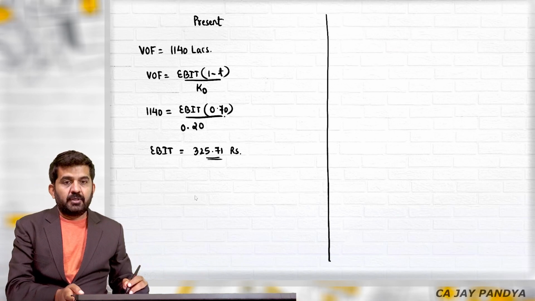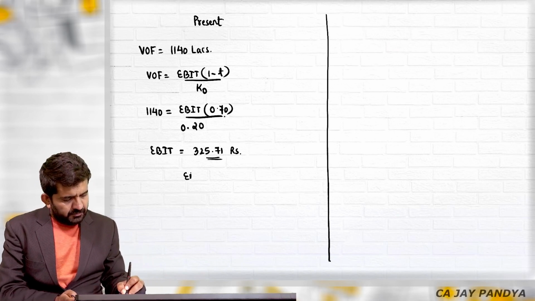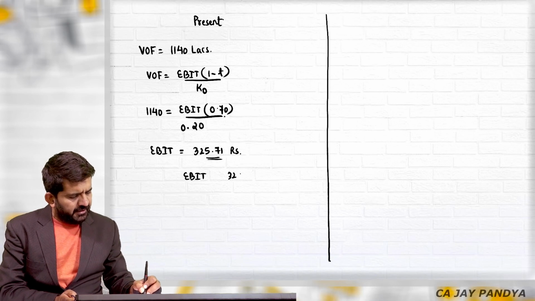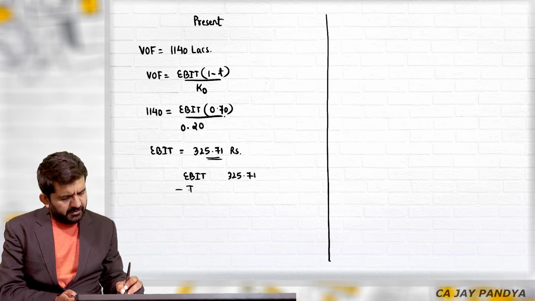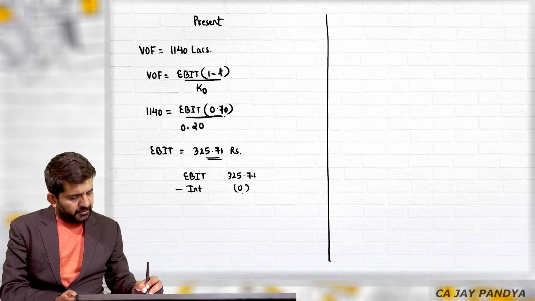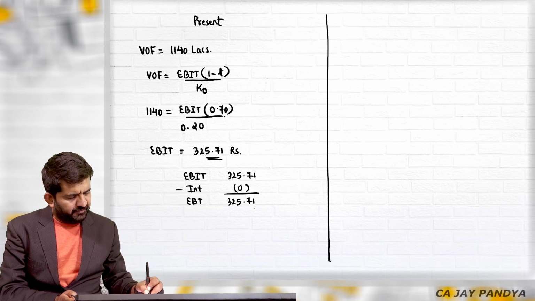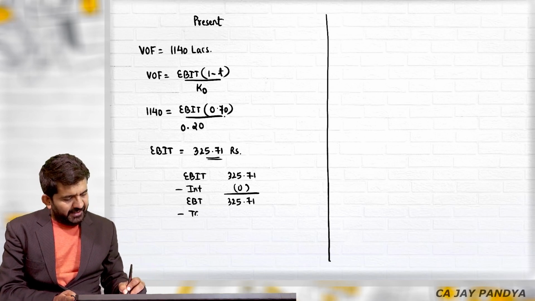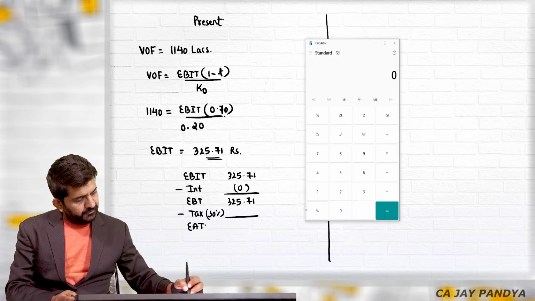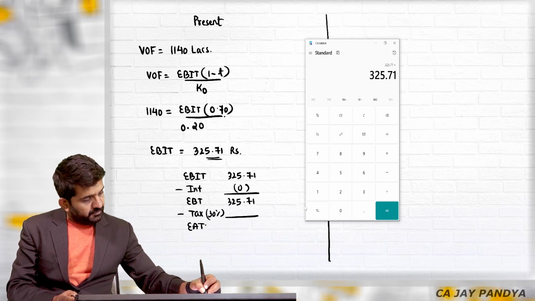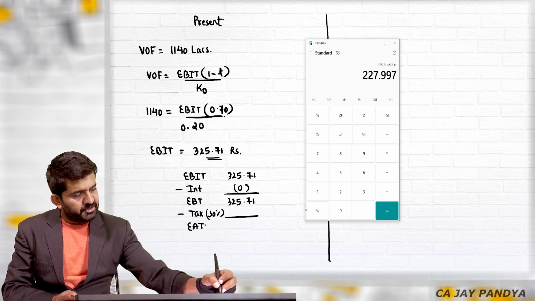Lakhs rupees. Let me write down the present scenario. EBIT 325.71 minus interest 0, earning before tax 325.71, minus taxes of 30%. So I will be getting EAT of 325.71 multiplied by 70%, into 1 minus T, 227.997.